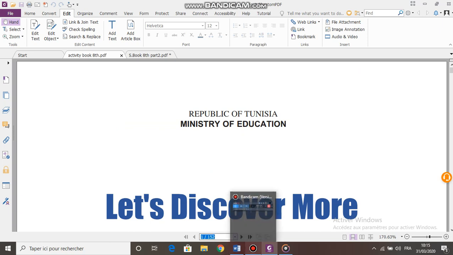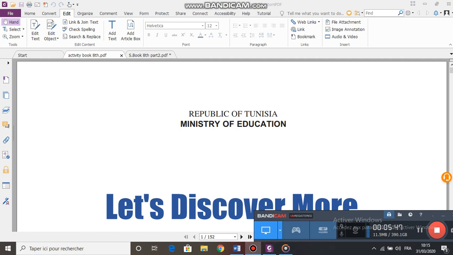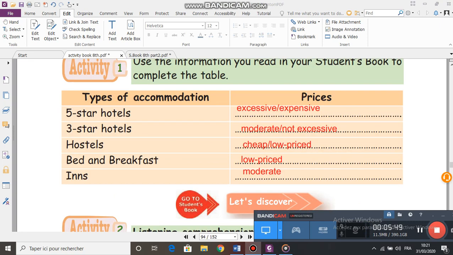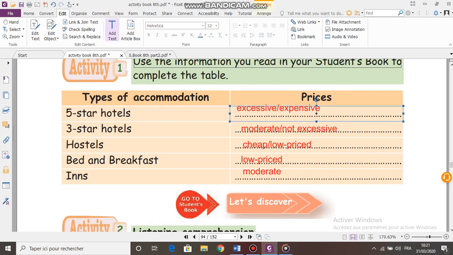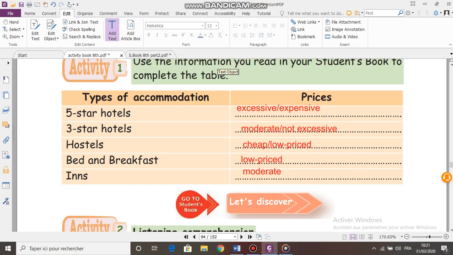Please take page 94. Here is the table. I try to fill in my table. For 5-star hotels, how can we describe prices? The prices are excessive or expensive. How can we describe more?